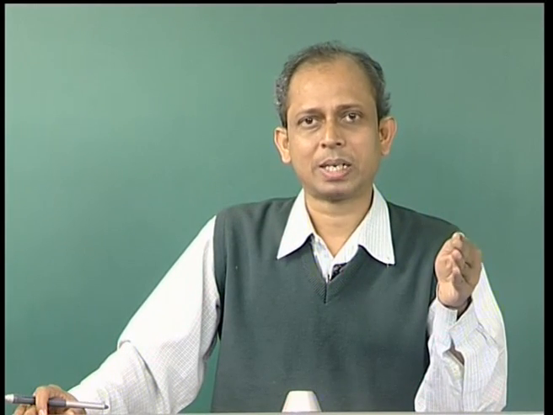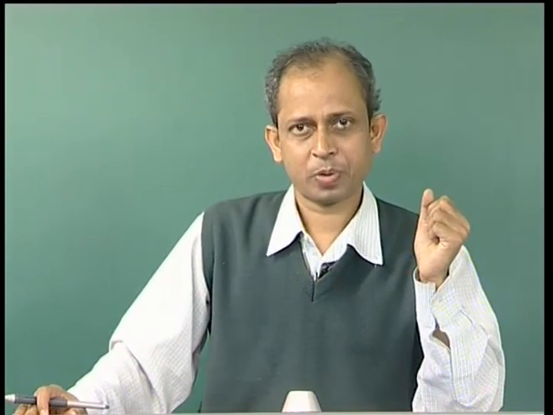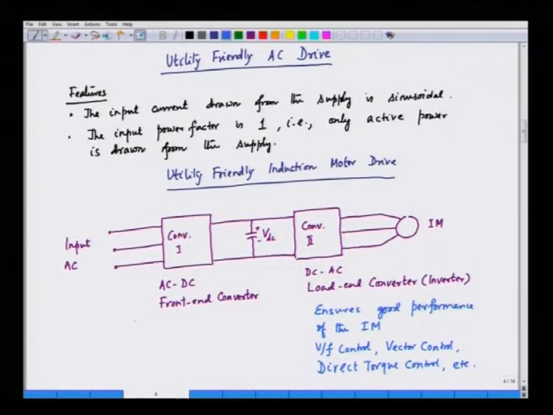Now, what about the front end converter? The front end converter ensures the input current is sinusoidal and the input power factor is unity. So, the front end converter is called a utility friendly converter. The job of the front end converter is to ensure sinusoidal input current at unity power factor.